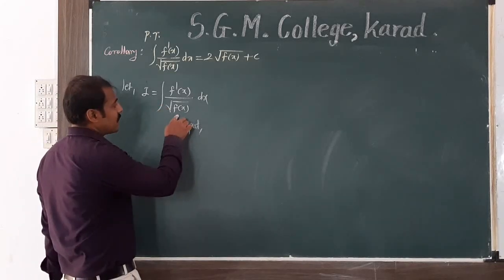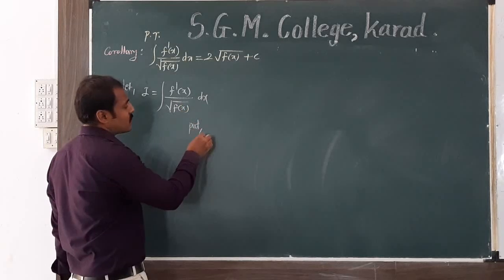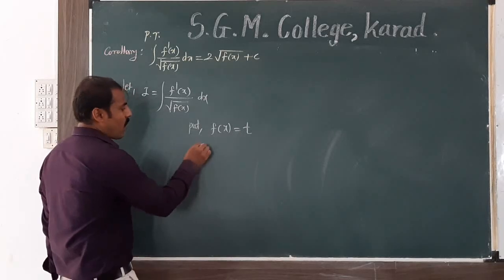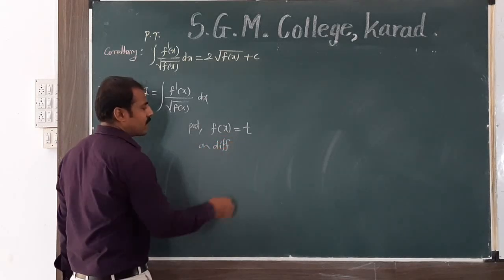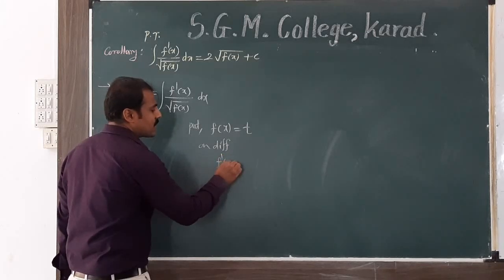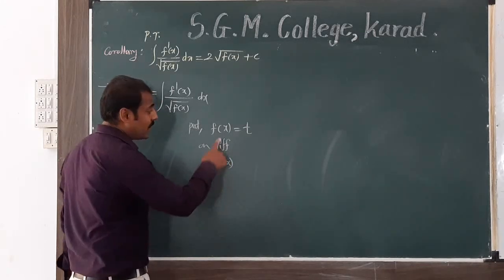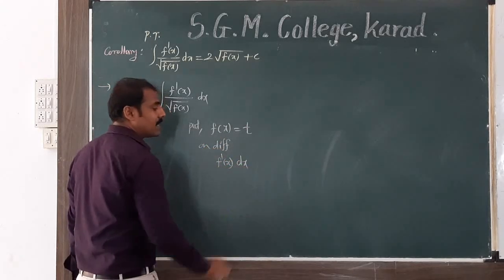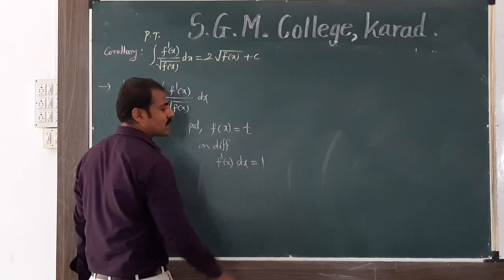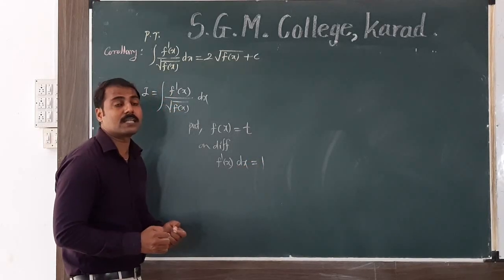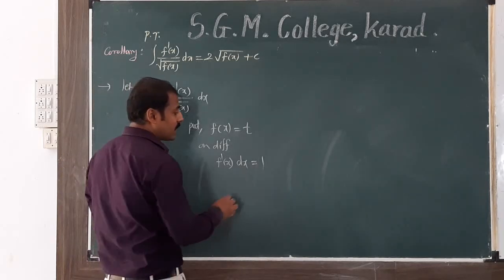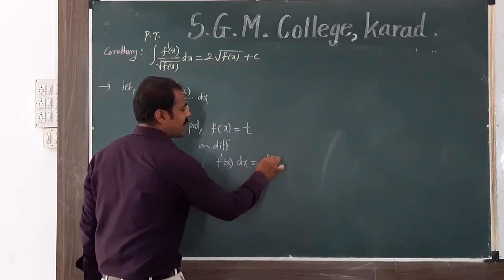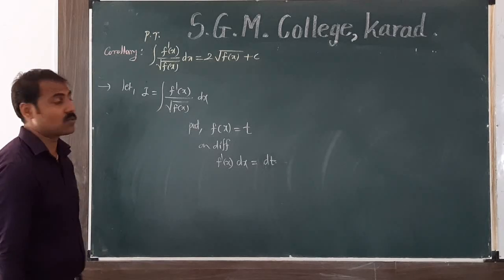So put f of x is equal to new variable t. On differentiating, derivative of f of x is f dash of x, multiplied by dx, is equal to derivative of t, which is 1, multiplied by dt. So I can write directly f dash of x dx is equal to dt.